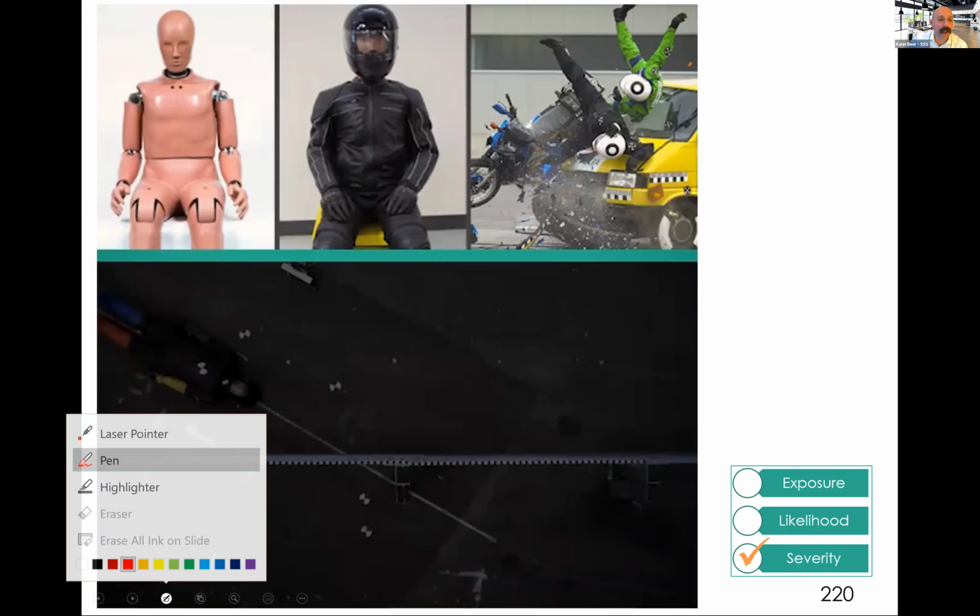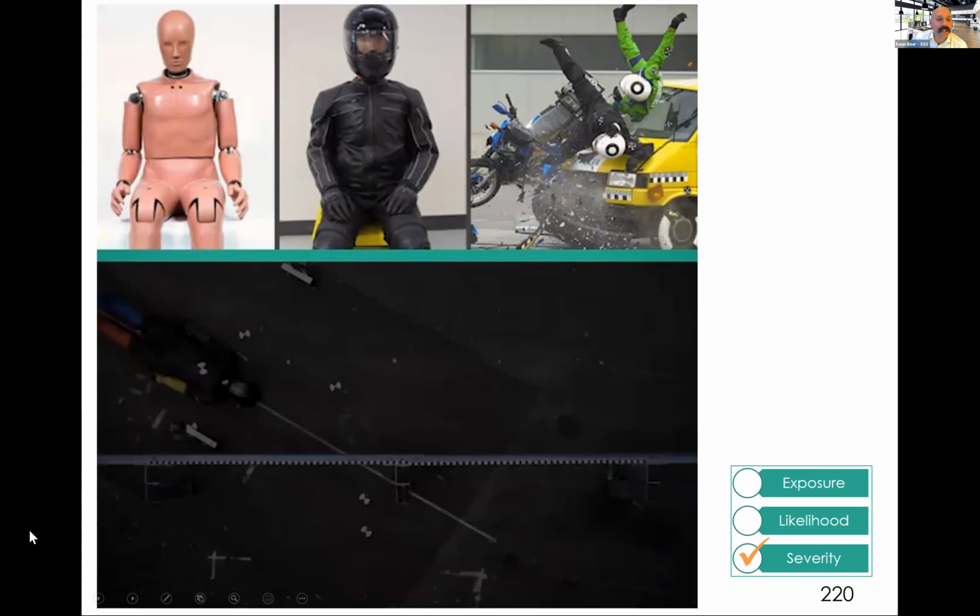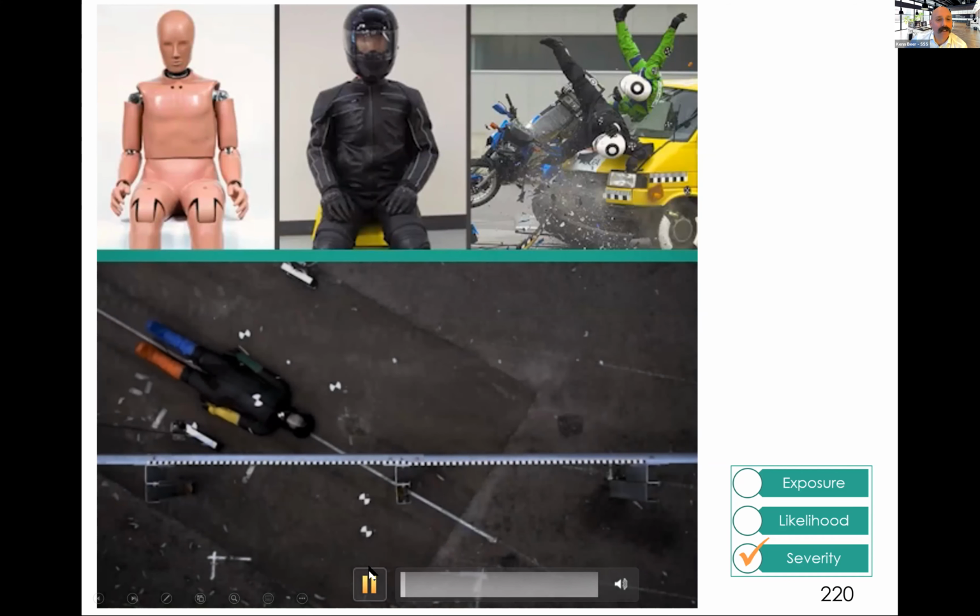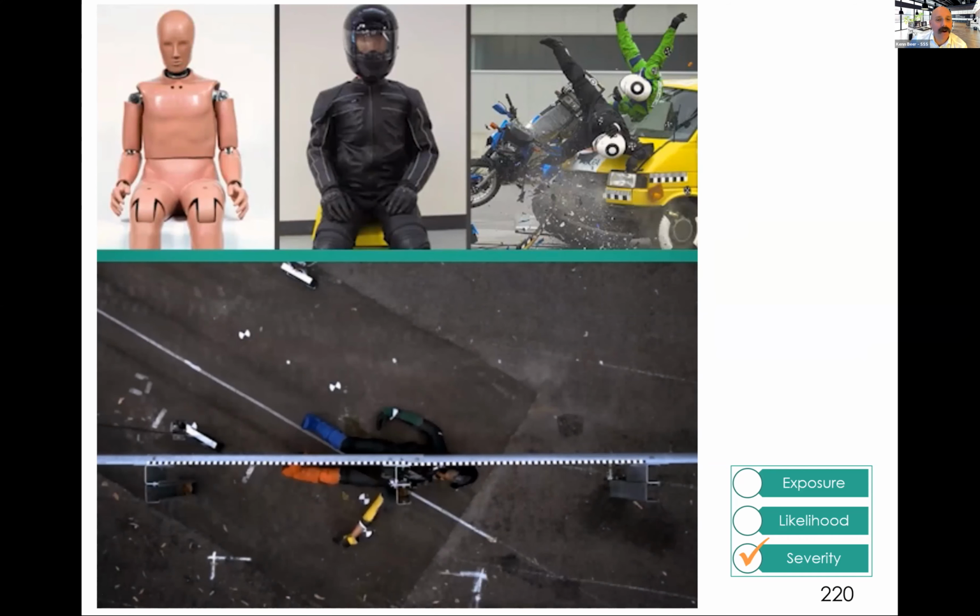This is the European crash test for motorcyclists. You get a crash test dummy, you modify it slightly, and then you slide it at the barrier, the post, at 60 kilometers per hour, at a 25-degree angle. And there you go, that's what happens. You can see that the force at 60 kilometers an hour easily kills the motorcyclist.